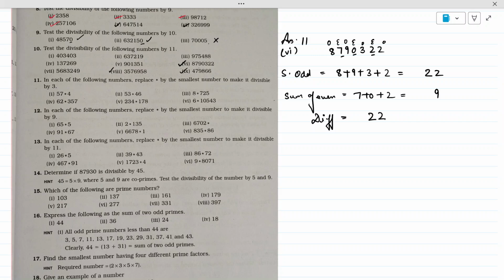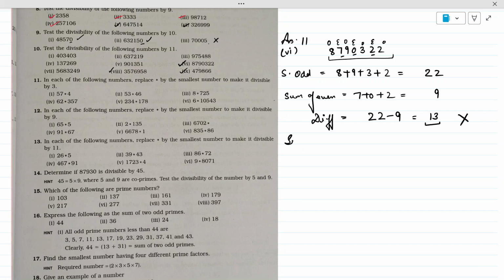So we have to do 22 minus 9, right? 22 minus 9 gives us 13. So that means the difference is not 0 and not a multiple of 11. So since the difference is not 0 or a multiple of 11, this complete number is not divisible by 11.